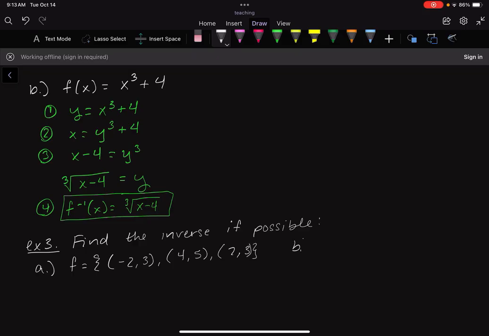And then part B, we'll say g is the set of points 3, 1; 5, 2; 7, 4; and 9, 8.